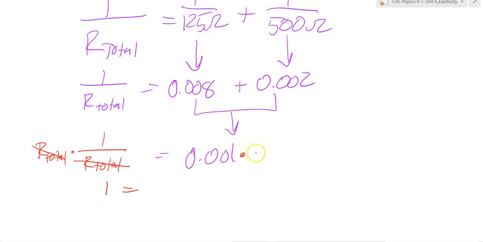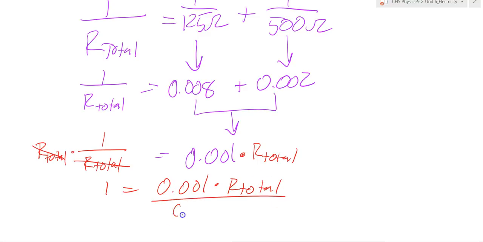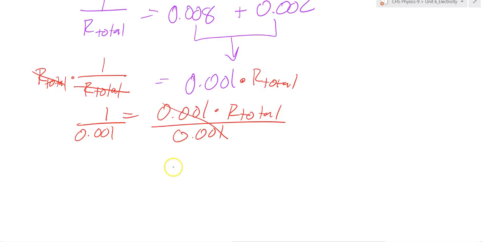I also have to multiply by R total. I'm left with 0.001 times R total. And then we divide by 0.001. This goes away. I'm left with R total equals 100 ohms.